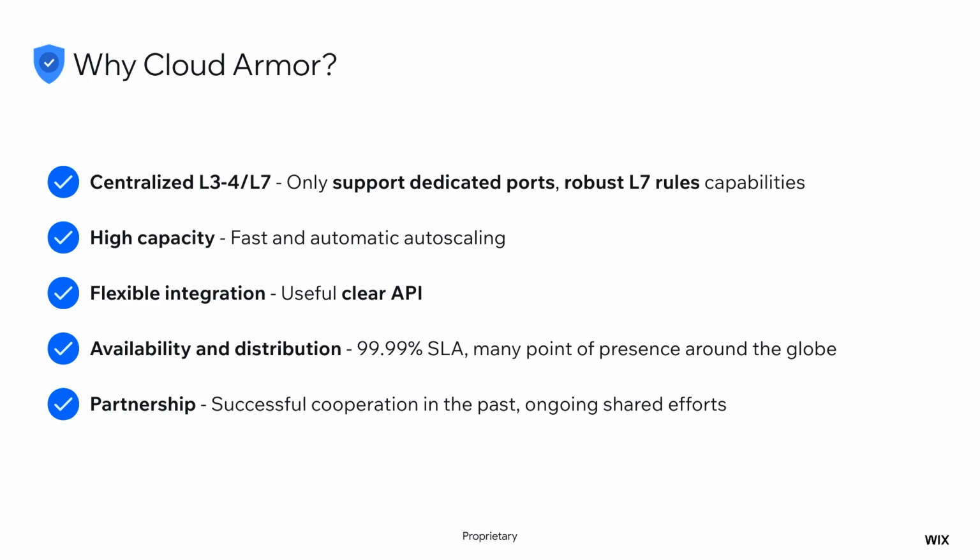Cloud Armor has unlimited ISP and firewall capacity from our perspective. We don't need to think about increased capacity, about the capacity planning. Google thinks about it. Google has a good SLA with many points of presence.